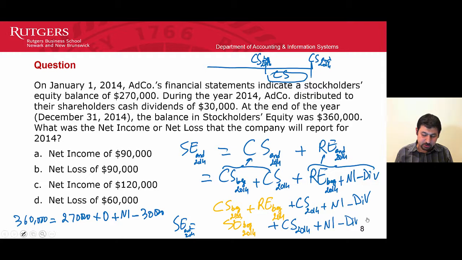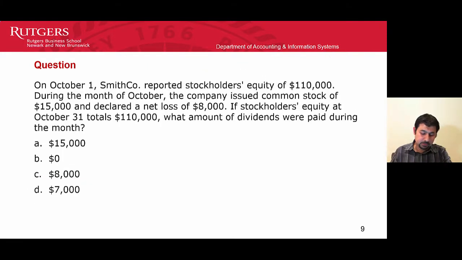That would give us net income is equal to 120,000, and that would be C.